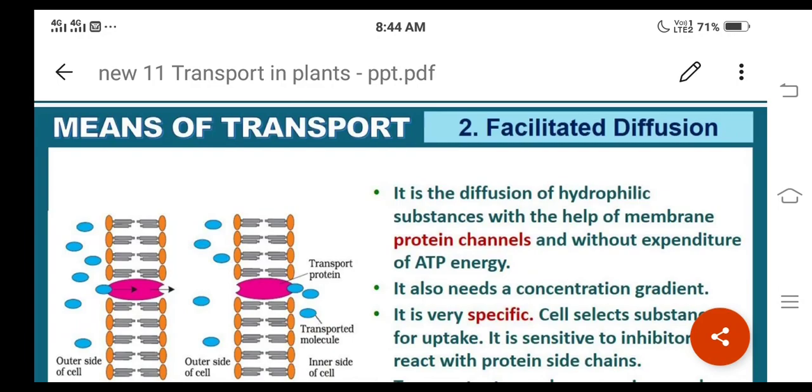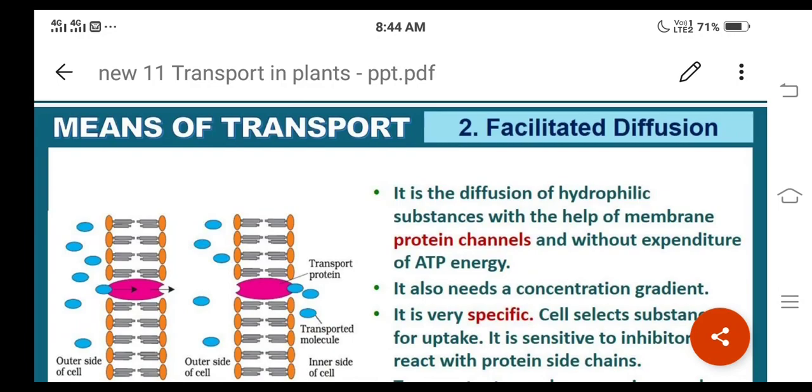We can also say that facilitated diffusion is the diffusion of hydrophilic substances along the concentration gradient through fixed membrane transport proteins without energy involvement.